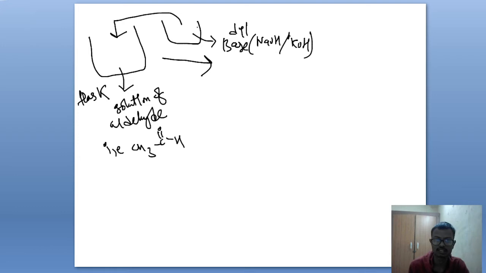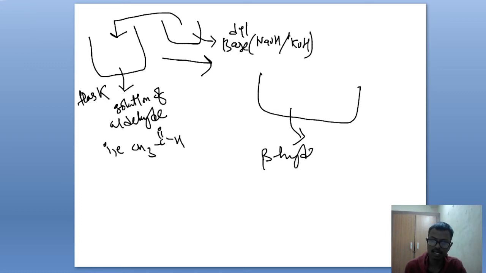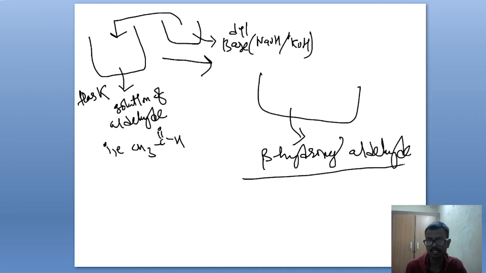Take a solution of aldehyde in one flask, and in another flask take a dilute base, and you just mix. Then you will get a beta hydroxy aldehyde as a product after some time.